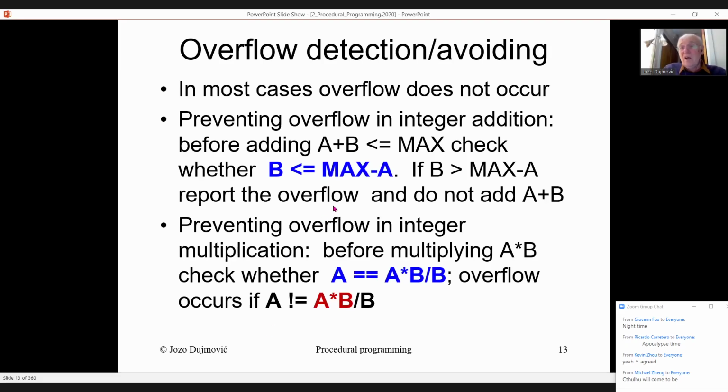And here is an example that might help to answer your question. How to prevent overflow when adding? If you have A plus B, this has to be less than the maximum value. So that is what you were suggesting: if B is less than or equal to max minus A, then I can perform this addition.